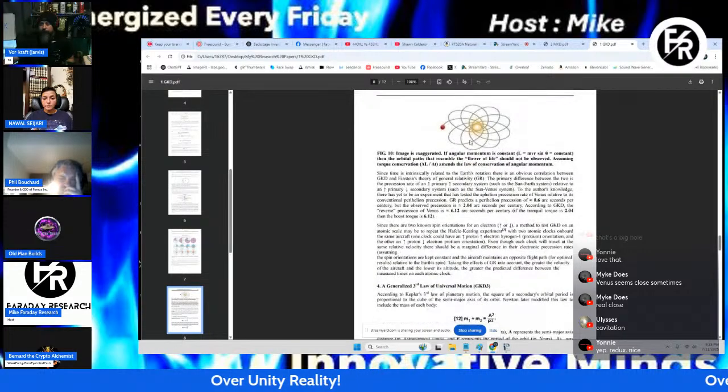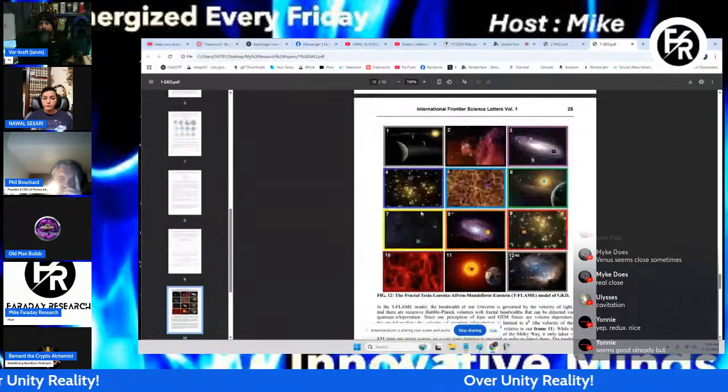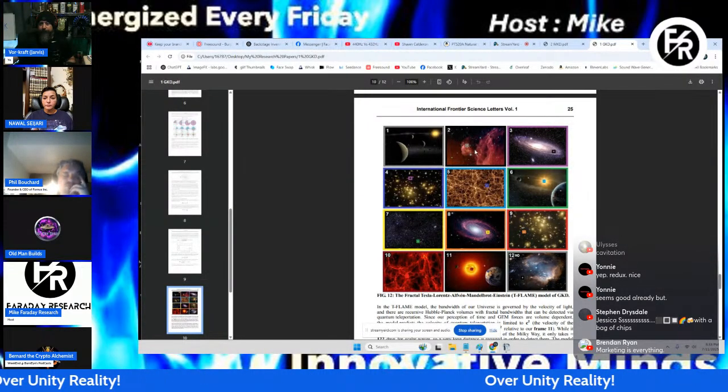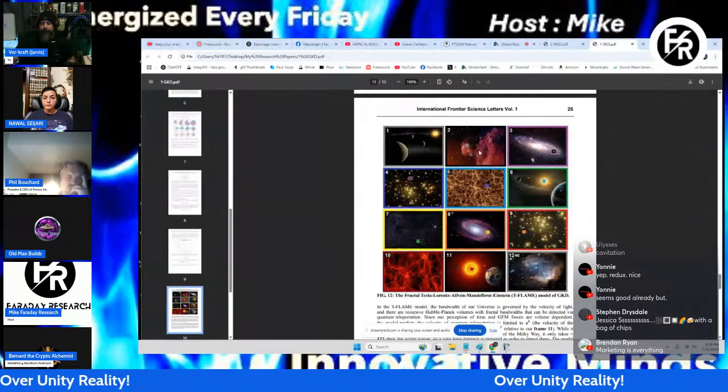Okay, so this is precession, and then this is something I'd like people to think about, like a fractal construction. If the universe were fractal, this frame 1 would be a solar system. In frame 2, you have the solar system in the gray frame here, but it's a zoomed out picture with the solar system within a nebular structure.